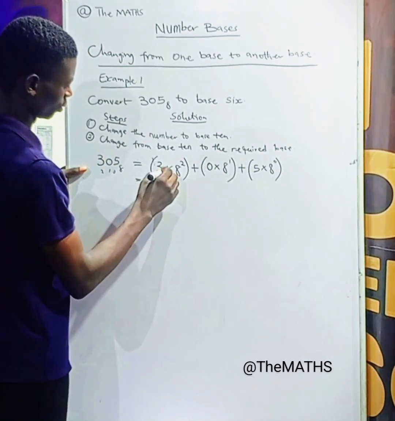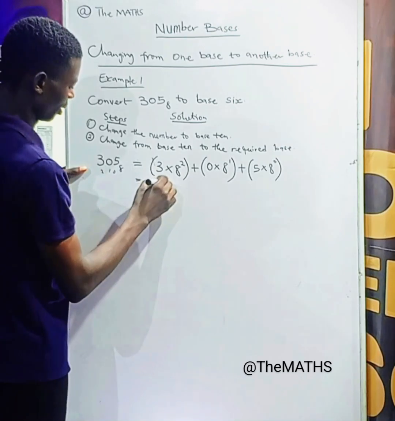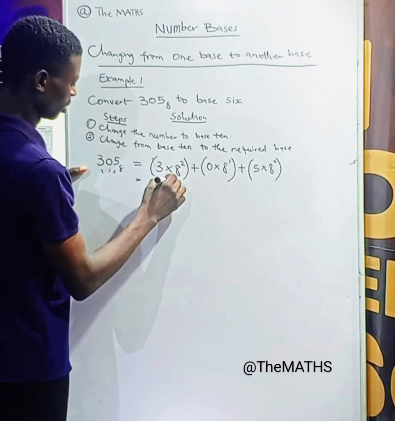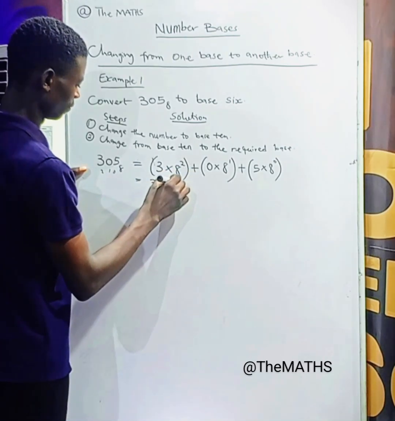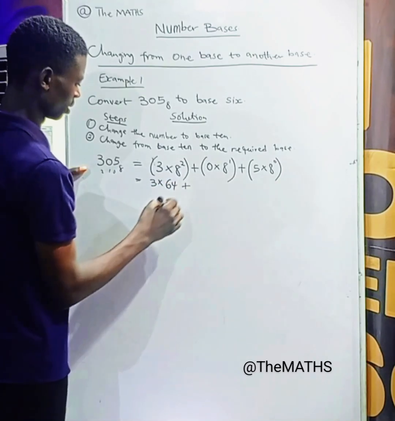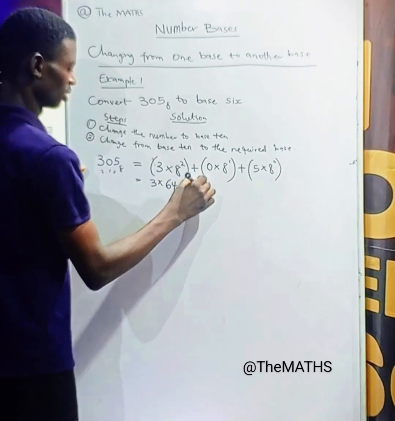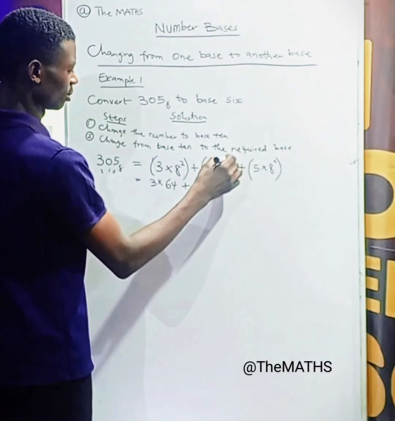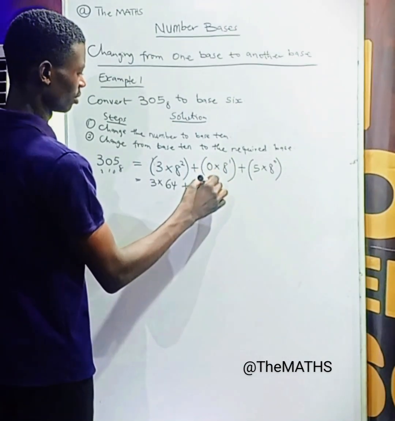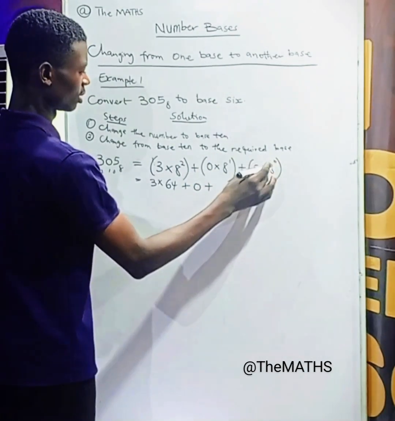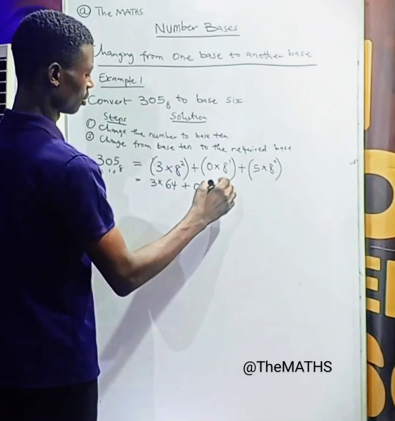This will be equal to 3 times 8 exponent 2, which gives us 64, plus 0 times 8 exponent 1, which is 8 multiplying 0, 0, plus any number exponent 0 is 1, so 1 multiplying 5, 5.